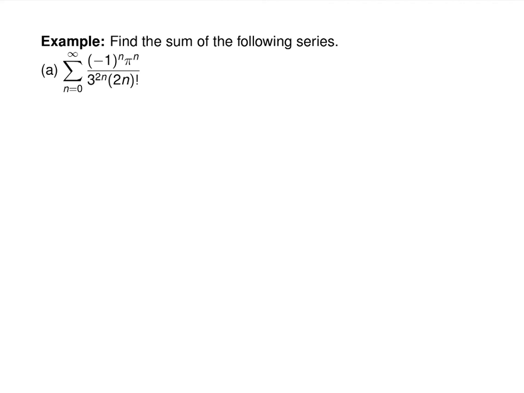And if you're clever, you can find the sum of some series exactly by recognizing that they are Maclaurin series with specific values for x plugged in. So this looks an awful lot like cosine, except for this part there should have been raised to the 2n. So here is how we're going to deal with that. And it's not just change it to 2n, because that wouldn't be the same thing anymore.